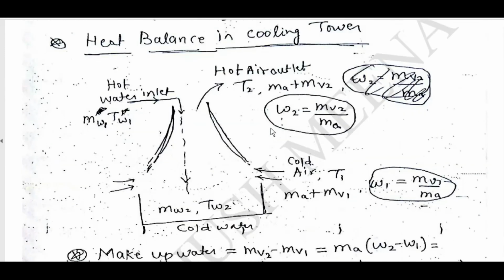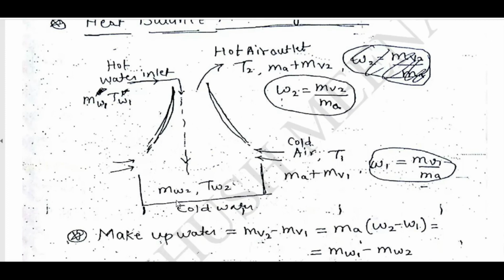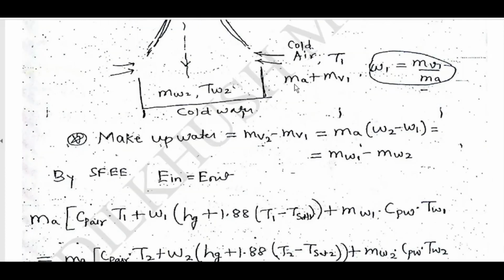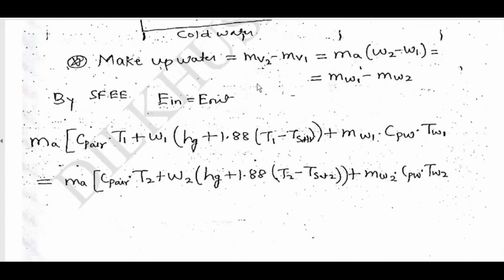Heat balance in cooling tower: cold water MW2 TW2, cold air W1, MV1 by MA, hot water MW1 TW1, inlet hot air outlet MV2 equals MA plus MV2. Makeup water is equal to MV2 minus MV1, is equal to MA into (W2 minus W1), is equal to MW1 minus MW2.